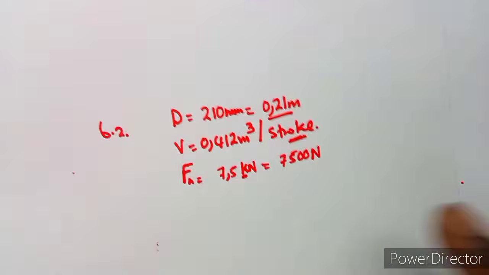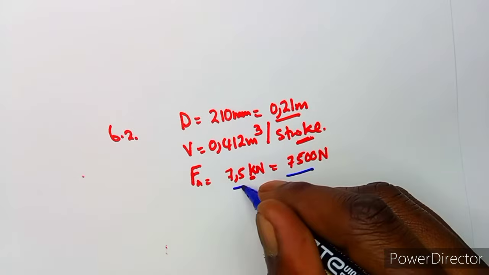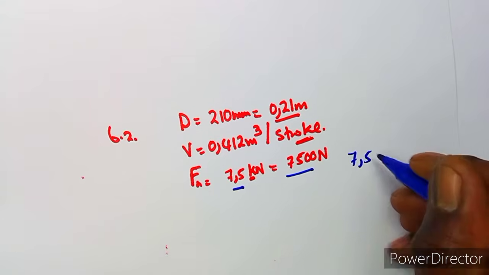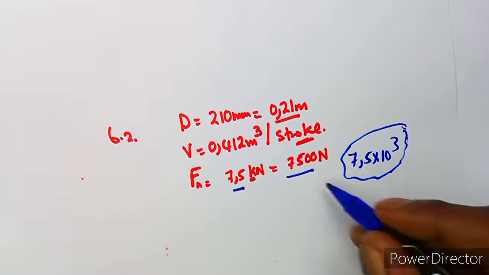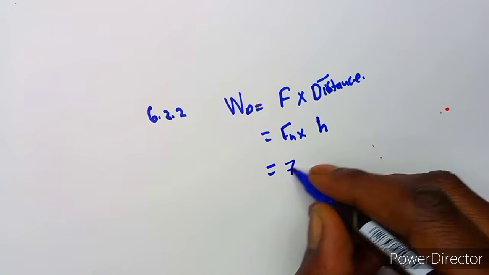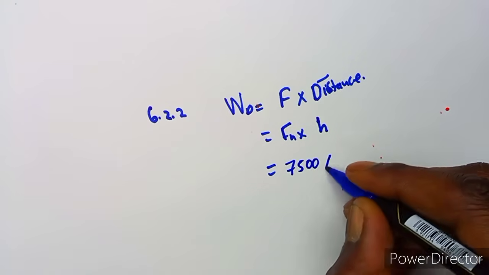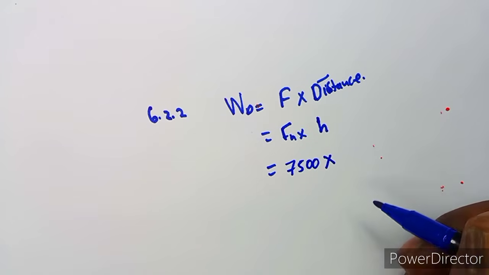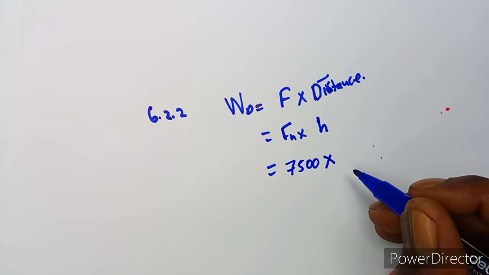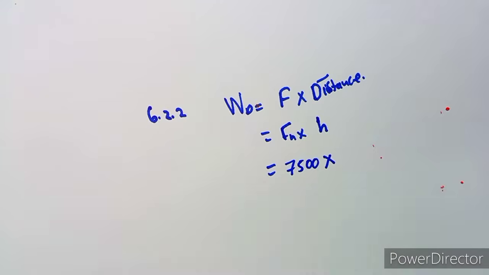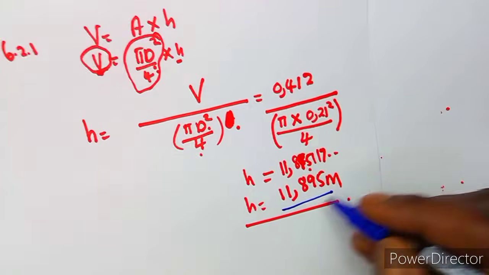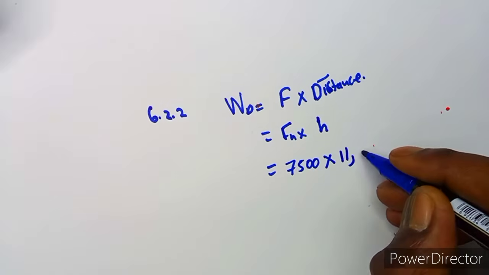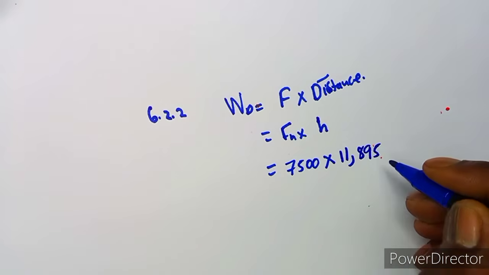Your F, the force, is given as 7,500, which is 7.5 kilo, 7.5 times 10 to the exponent of 3, or you can just write it as 7,500. So you've got 7,500 times the height that we just calculated, which was 11,895 meters.